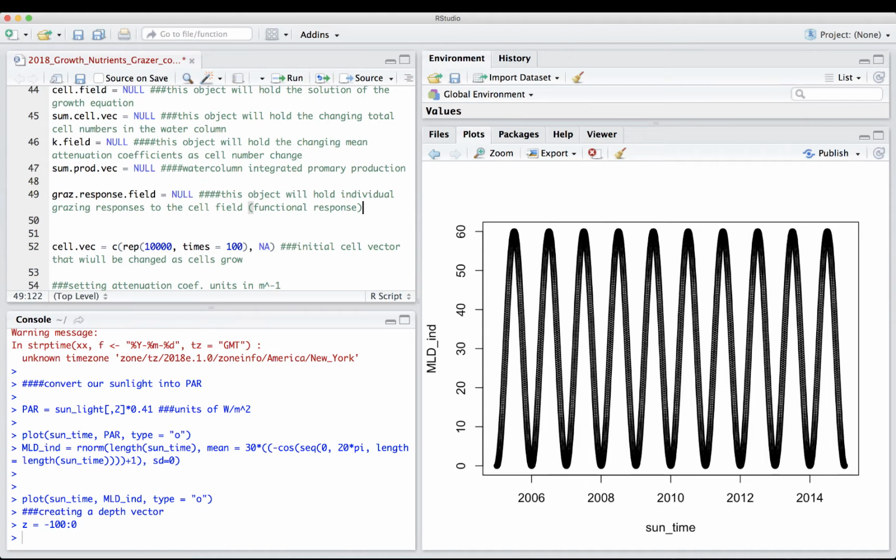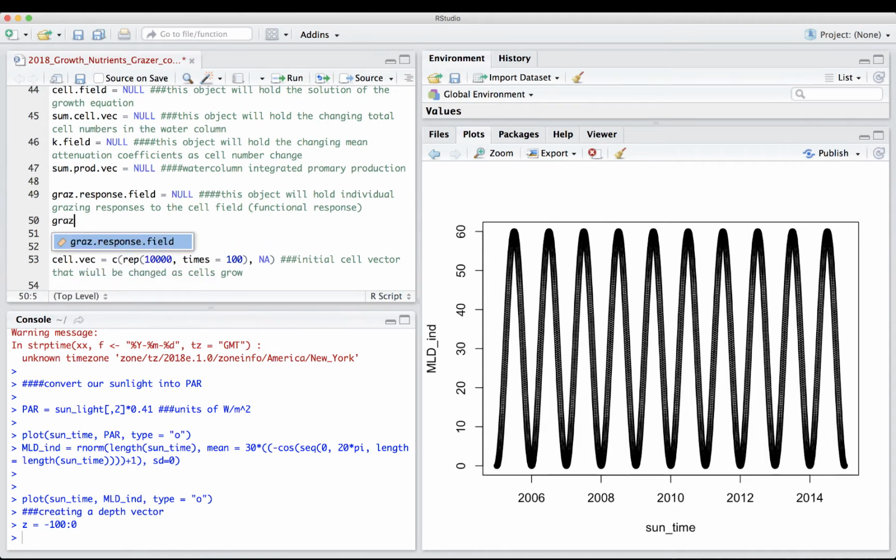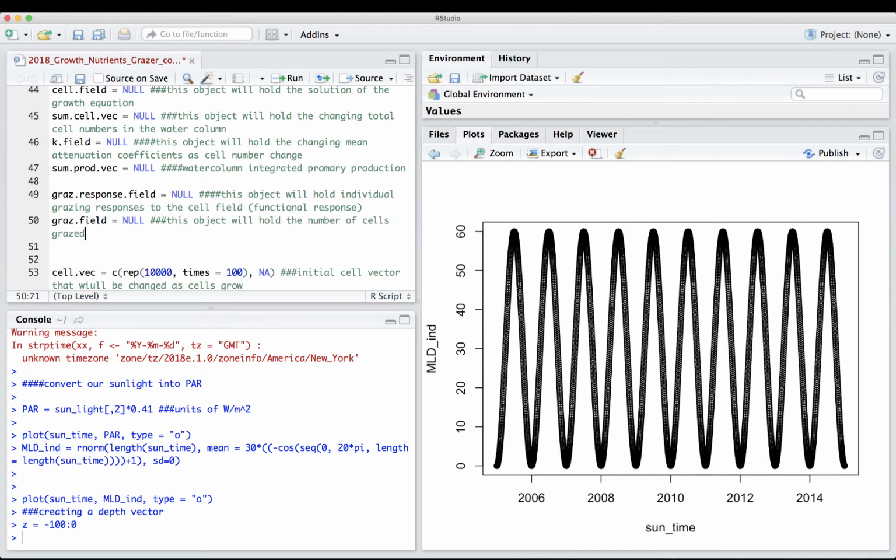Then we're going to see the graze.field. And this object will hold the number of cells grazed by the grazers. So how many were killed?